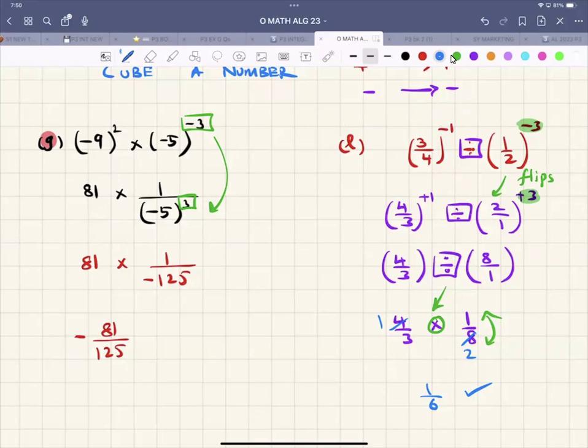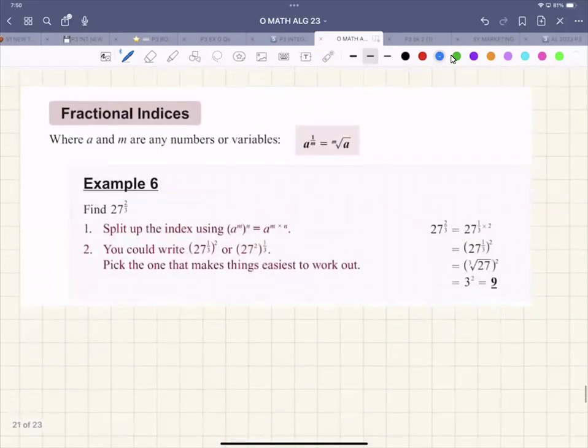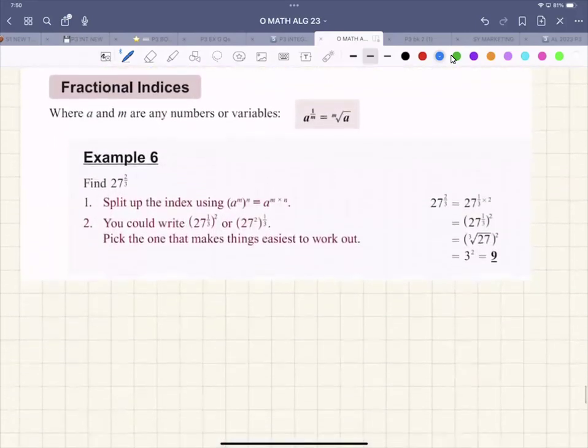All good? All clear? Fractional indices. Now, what are fractional indices? Fractional indices is like square root and cube root, something like that. So a raised to power of 1 over n. Now let me write it in the fractional form. A raised to power of half, this is square root of a.